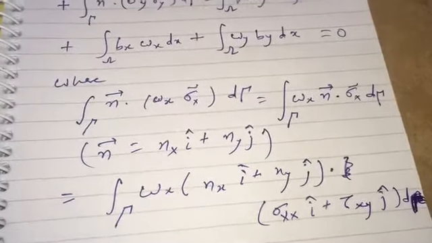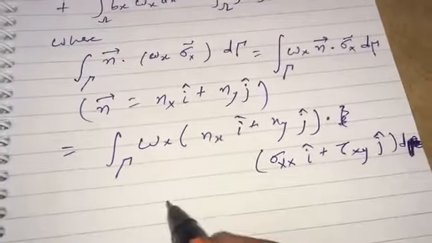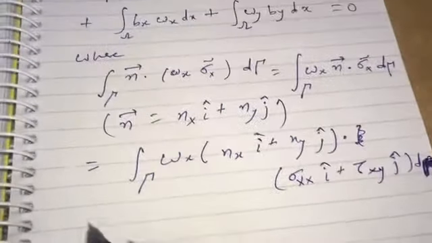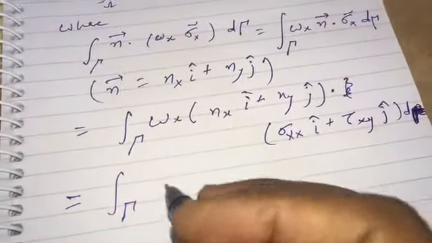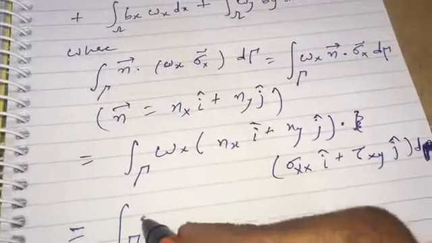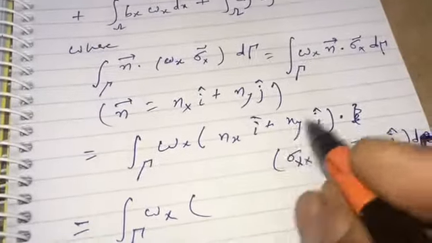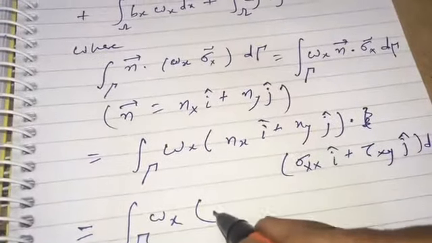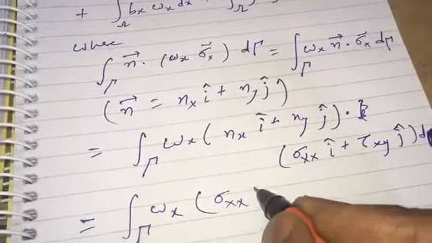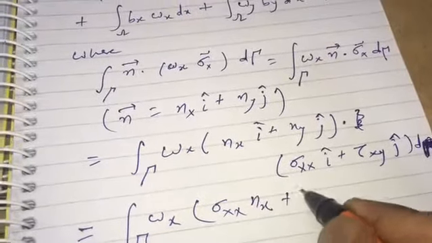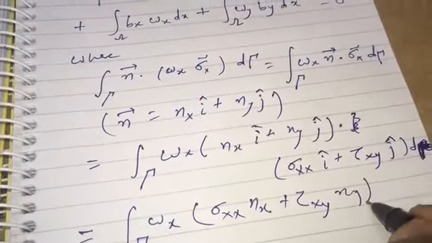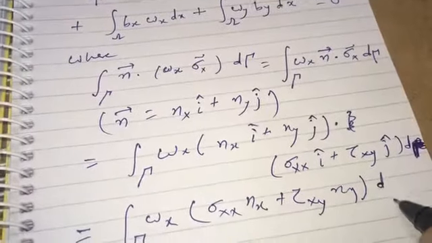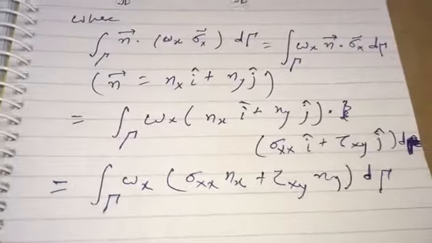So what we get will be equal to the integral over gamma of wx and then sigma xx nx plus tau xy ny, d gamma.